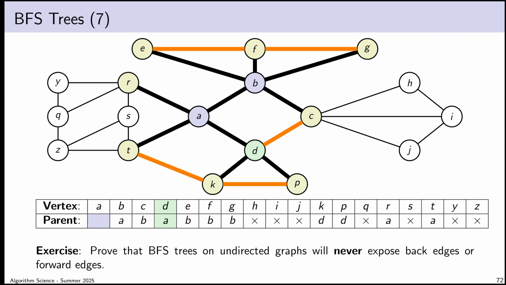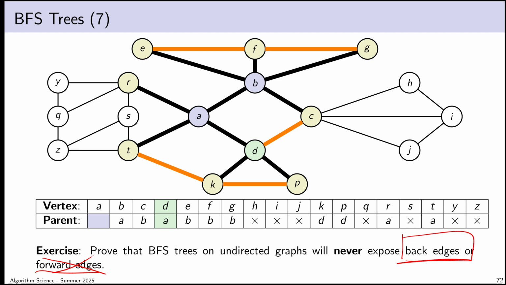Another thing we could prove is that in a BFS tree on an undirected graph, we will never have back edges or forward edges. Now, we're used to the idea that on undirected graphs, traversal trees don't have forward edges. We saw last time that really there's only one type of edge that goes between ancestors and descendants in an undirected traversal tree, and we've chosen to call that thing a back edge.